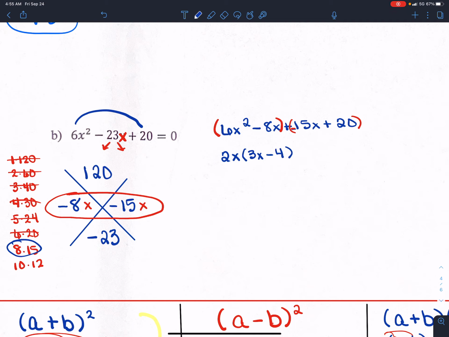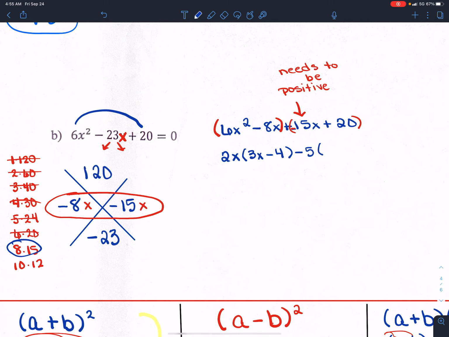And the second group, we always want this first one to be a positive. Okay, so if there's a negative in front of it, I'm going to want to factor out. We need to factor out that negative. So I'm going to divide both those terms by negative 5, because they are both divisible by 5.